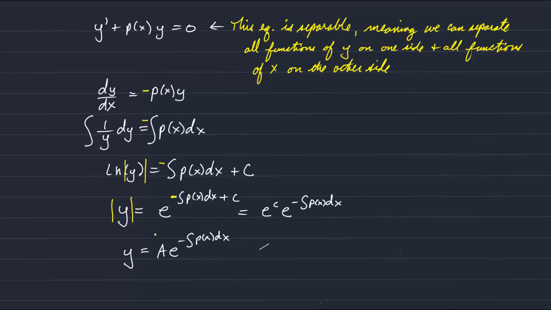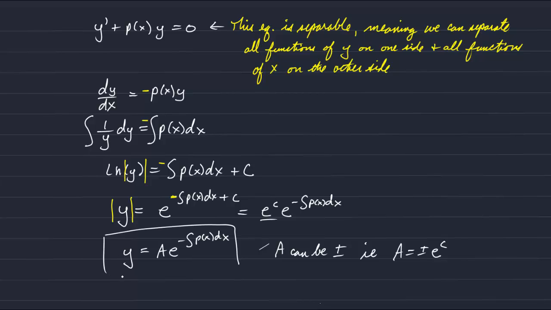And so with that in mind, y can be positive and negative, so therefore a can be positive or negative, i.e. a is equal to positive or negative e raised to this first constant. Okay, so y can be positive or negative and still solve this ODE.